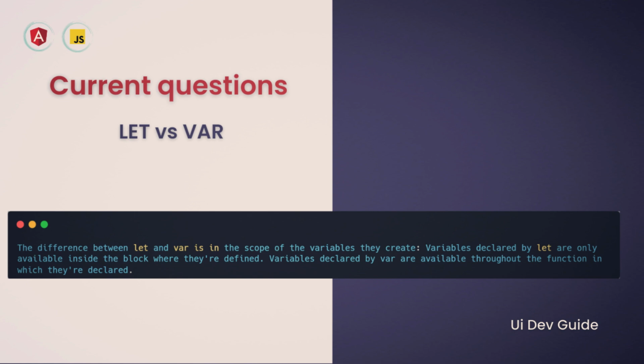Yes, correct. Any other difference do you know about it? Why will it give an error if you try to access it before? Because it is not going to be hoisted in the global context.